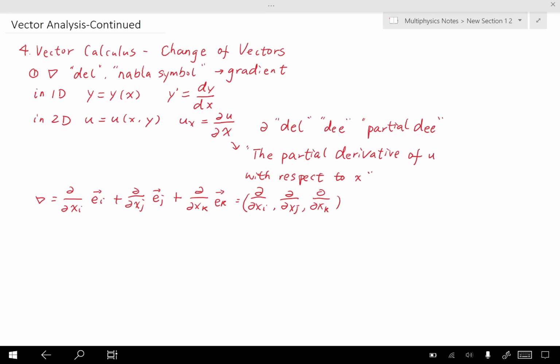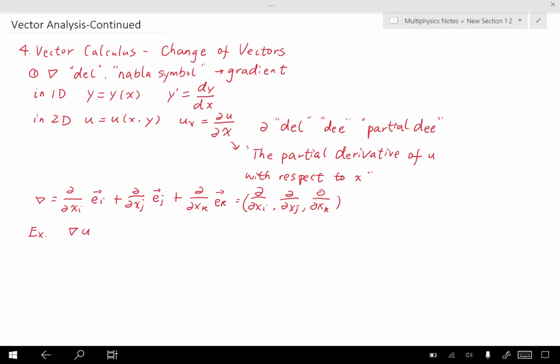So this is the first one. And then let's see what's going to happen. Example. So what's going to happen if we have the gradient of a scalar? You can see that this nabla sign here is just like a vector, right? So this is like a scalar multiplication. That's what we introduced in the basic operation of vector analysis, right?